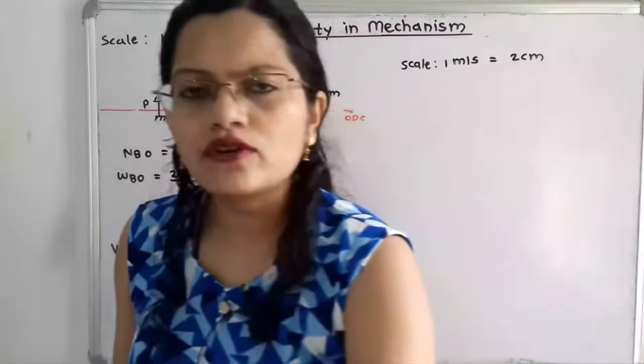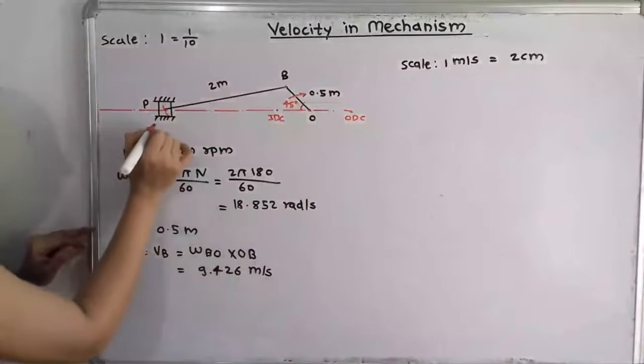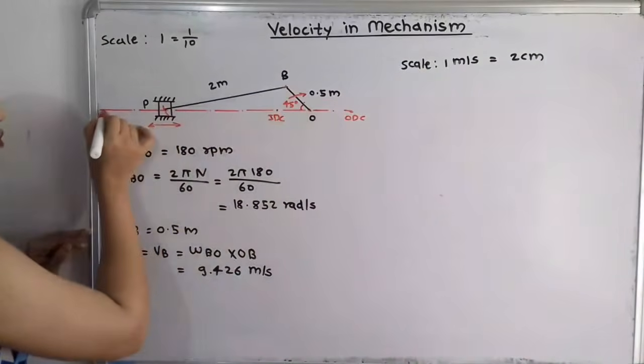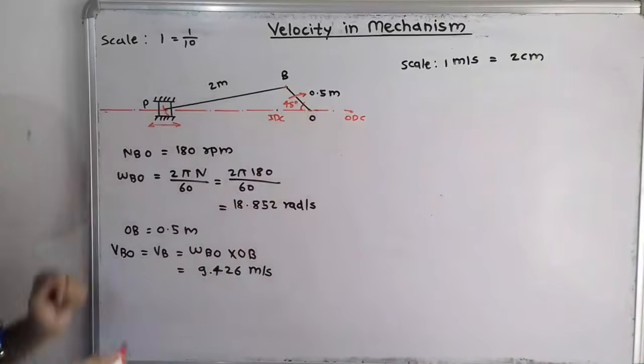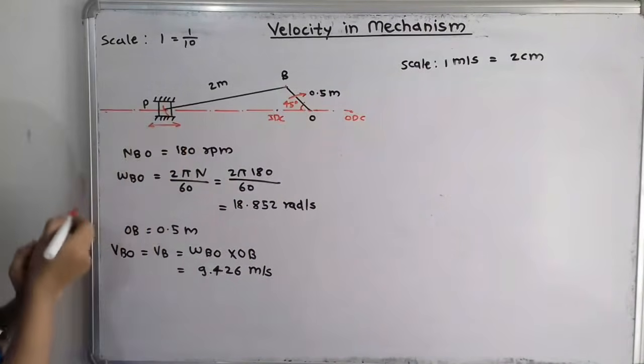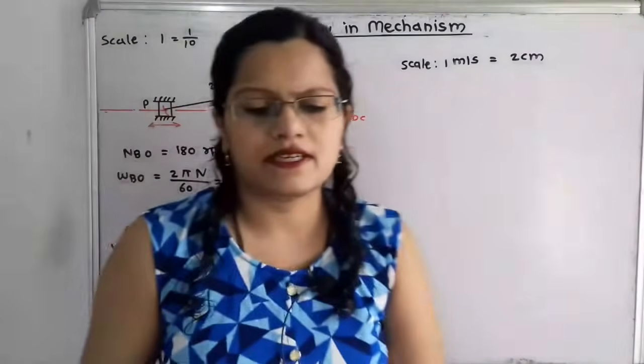At the end point of the connecting rod the piston is attached, which has reciprocating motion along this horizontal line passing through point O. In this way the space diagram is completed.